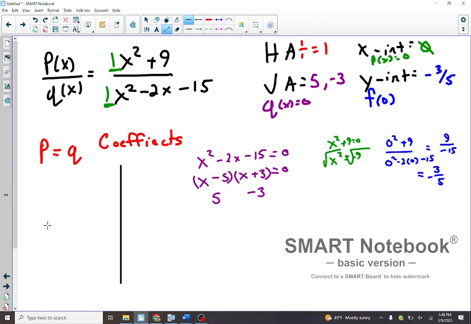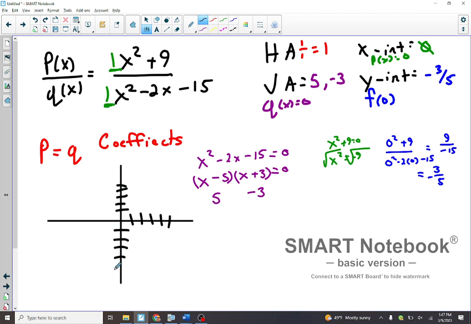So that's where the vertical asymptote is, right? Yeah. All right, so you have a horizontal asymptote at 1, so a dotted line at 1 up.